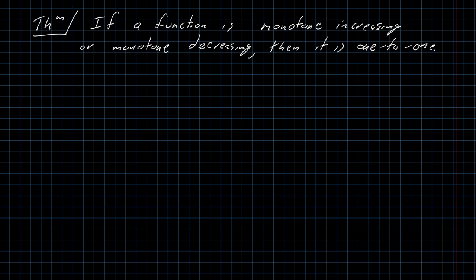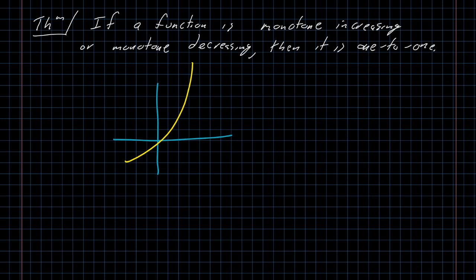I'm not going to formally write out a proof, but I do want you to think about what that means graphically. If a function is monotone increasing, that means that it can never flatten out, and it can never double back and go down. It has to always be going upward, whether very slowly or very quickly.